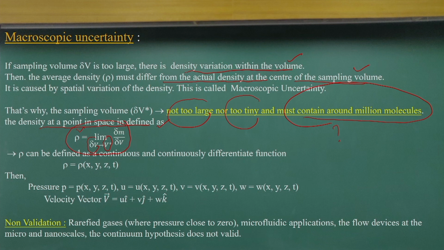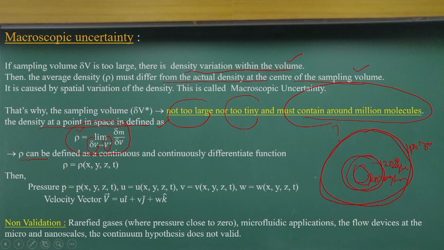In that region we can consider the density for any fluid domain. If the density is varying, let this be 1000 kg per meter cube, this may be 1200 kg per meter cube, and this will be 1400 kg per meter cube. These lines represent 1400 kg per meter cube, 1200, and this.